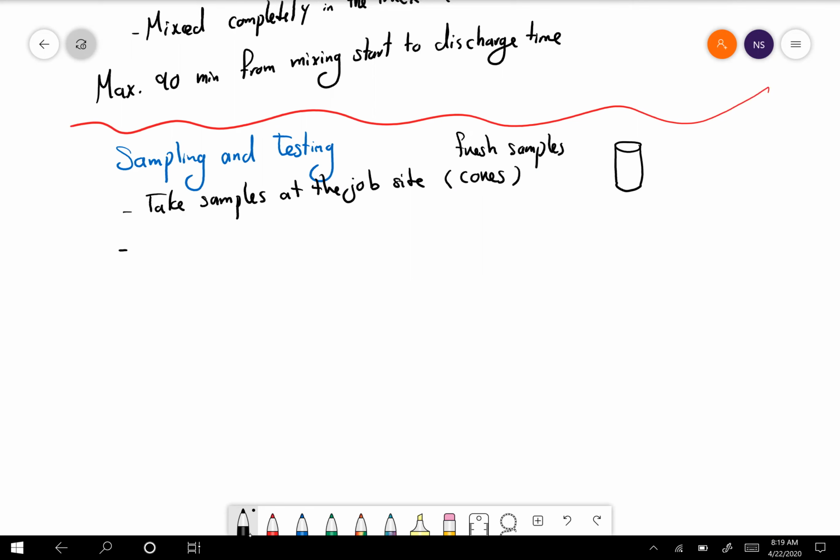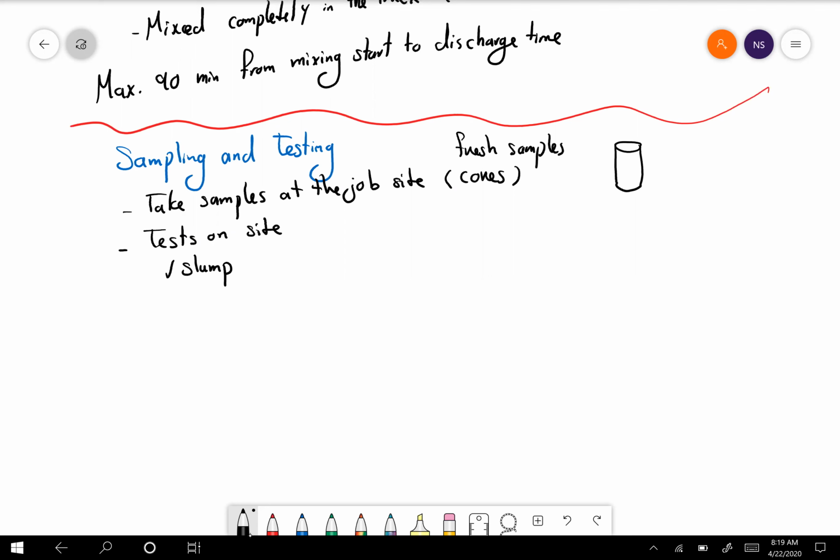There are other tests to do on the site. So tests on the site. You need to do the slump test. We talked about the slump test, that you pour the concrete into a slump cone and you release the concrete to measure the workability and see how much slump you have.